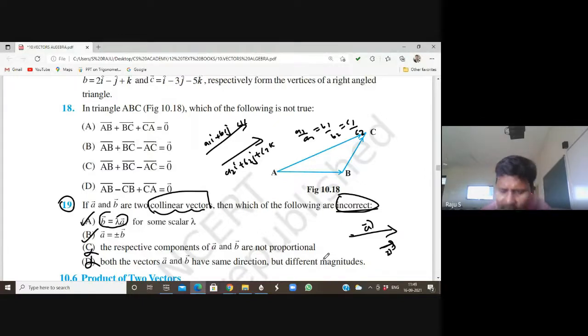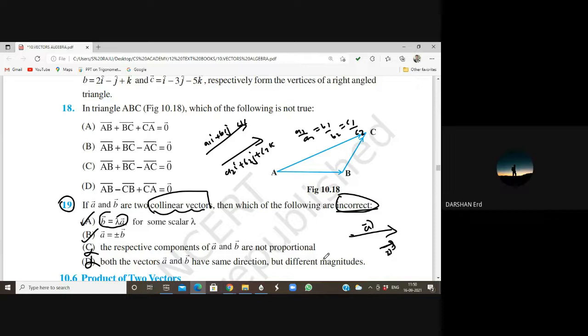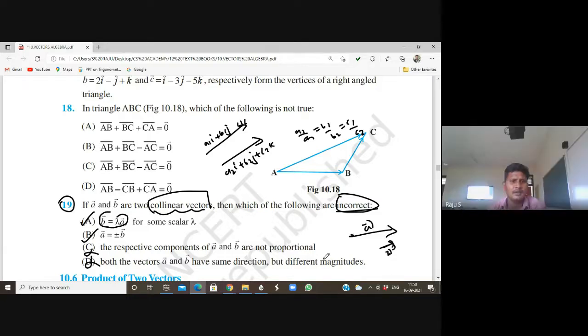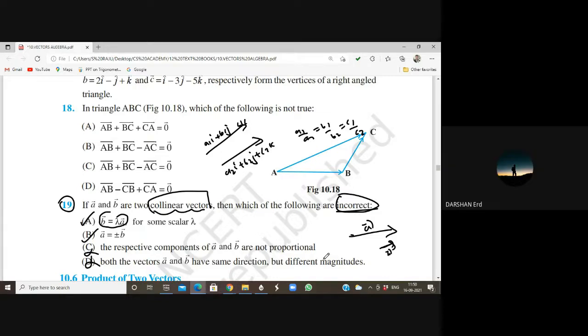It may have same magnitude also, we can say that collinear. So option D is also wrong, option C is wrong. Like option B also it is not possible. Then what is the option they have given in the book back? So B, C, and D. Three options B, C, and D.